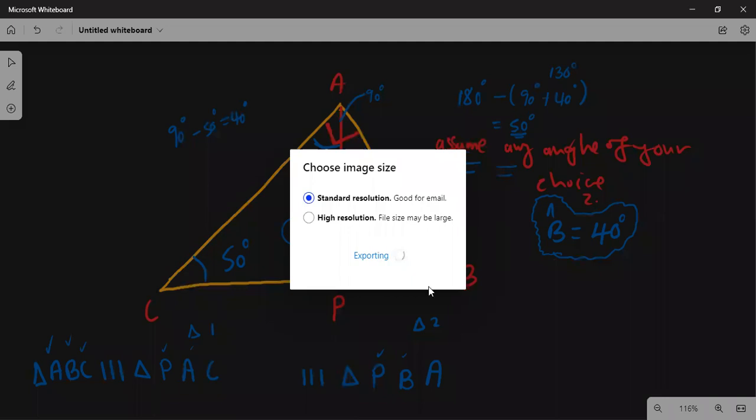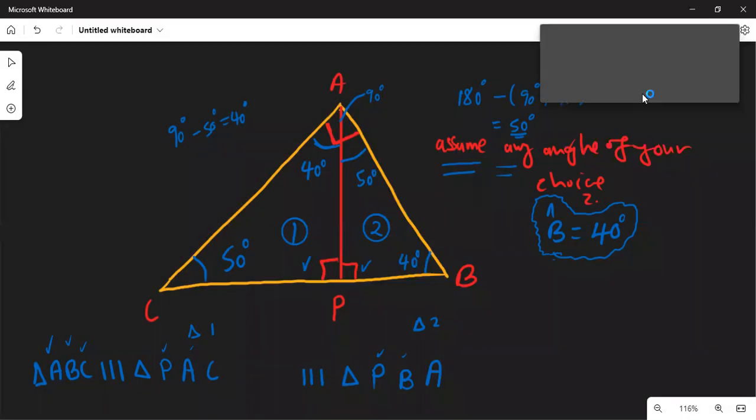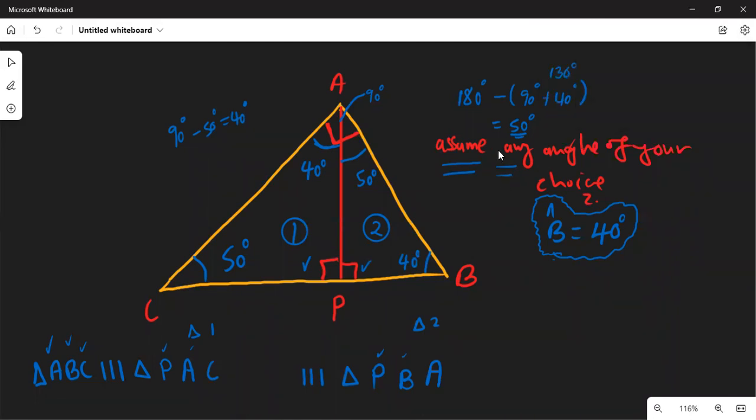They just give you 90 degrees and they don't give you the other angles, and they expect you to understand or to work out which triangles are similar. So ipapa you just have to assume any angle of your choice, then from there you can have a completed diagram like that.